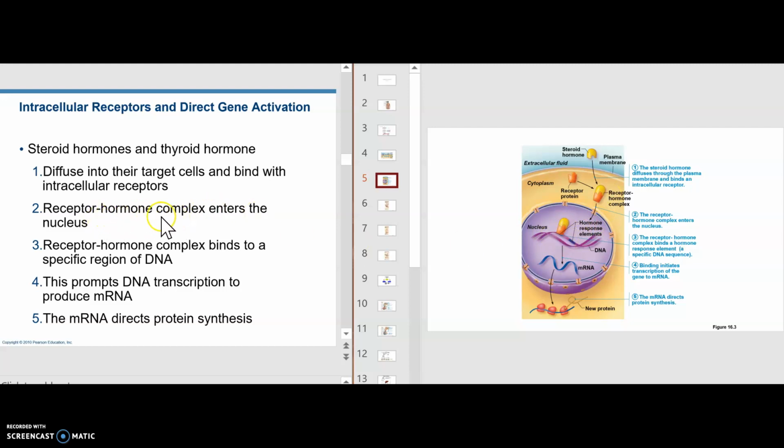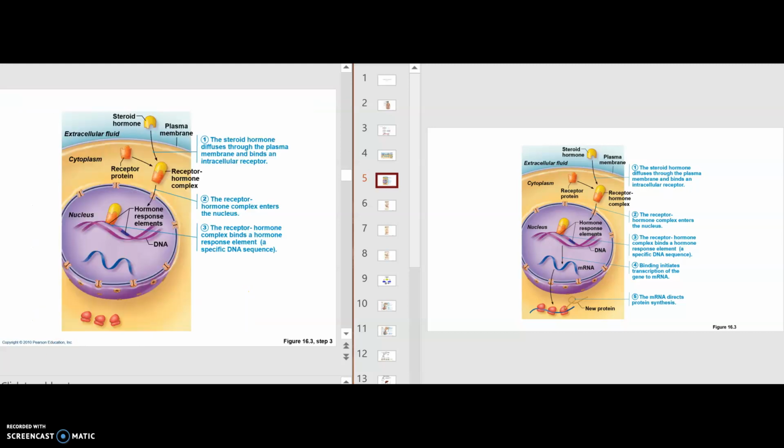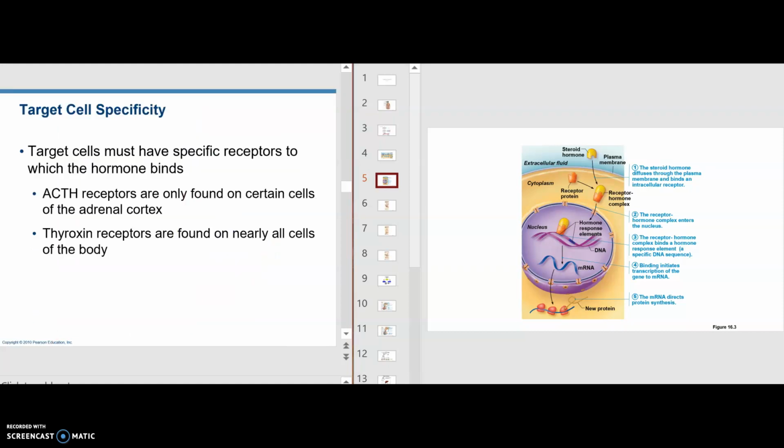But you form a receptor-hormone complex that can enter the nucleus, though some can go straight in. In this particular case, you would bind, and then you would go to a certain region of the DNA and turn on that region by turning on transcription factors. And then, you know the story, messenger RNA would be formed, protein synthesis, and that's how that particular one would work. Okay. Again, this is a series, and you can look at that yourself.